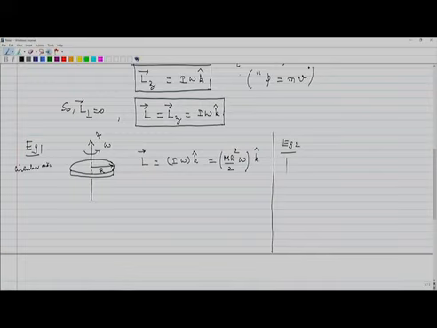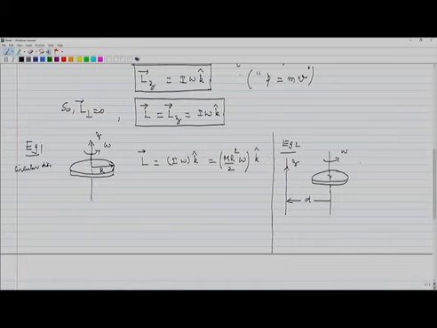Suppose the z-axis lies outside, and we have the same situation, same body. Everything is the same. It is rotating with omega, and these two axes are parallel.